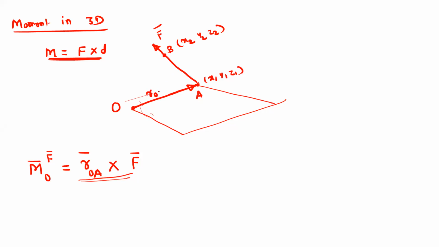So this is R OA bar. How to get the value of R OA bar? Suppose the point O has coordinates 0, 0, 0. So this is the origin. Then this position vector R bar is equal to x1 minus 0, y1 minus 0, and z1 minus 0.